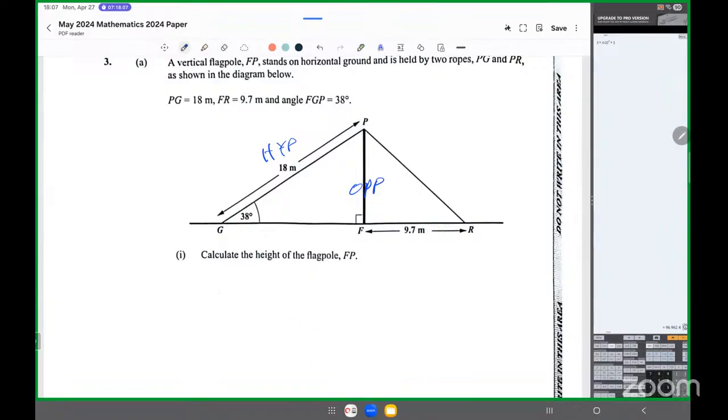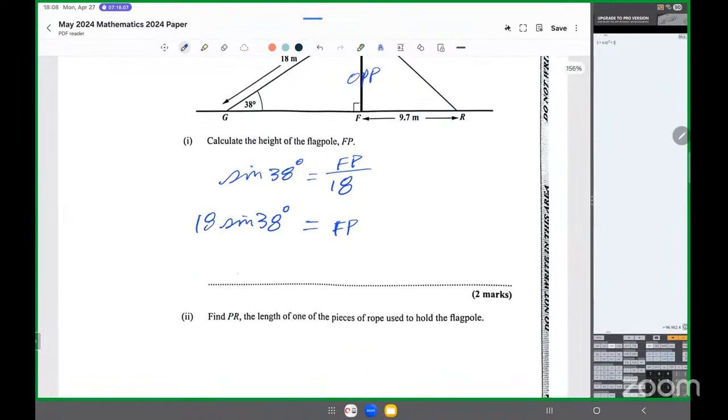So I'm going to write that sine of 38 degrees is equal to the opposite side, which is the FP, over the hypotenuse, which is 18. You take the 18 and multiply it up here to find the FP. So the FP is equal to 18 times the sine of 38 degrees.